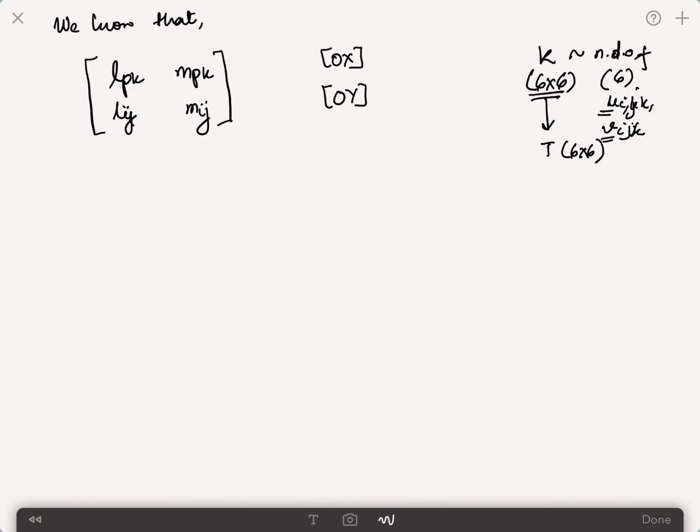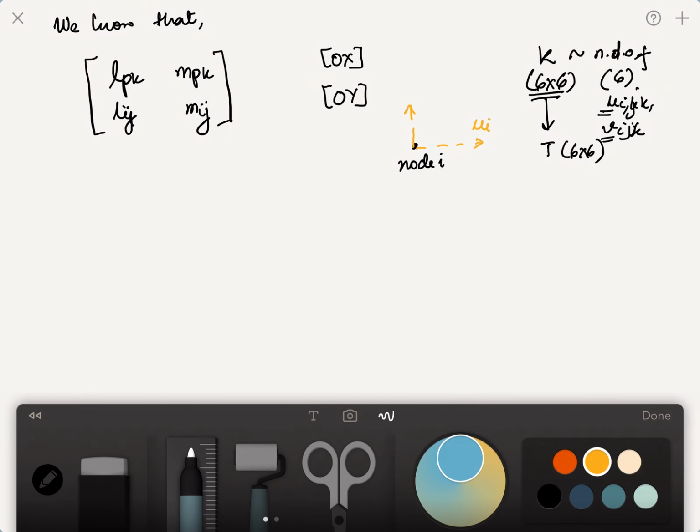For any node which is present, for example, if I just consider the node I, then I have a certain local displacement ui, uj. And suppose the global is in an awkward direction like this, so I have capital Ui and capital Uj, then I know that according to the direction cosines of OX and OY, so if this is O and X and Y, I will be able to find out what the transformation is with respect to these direction cosines.